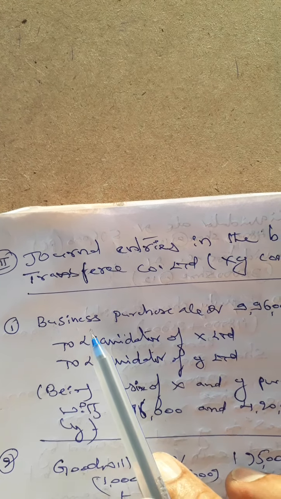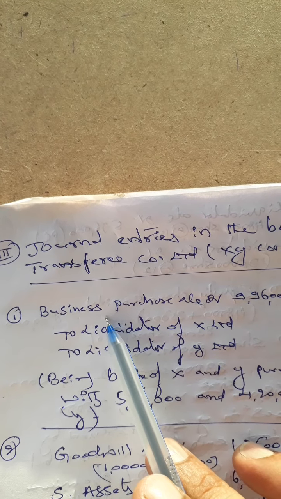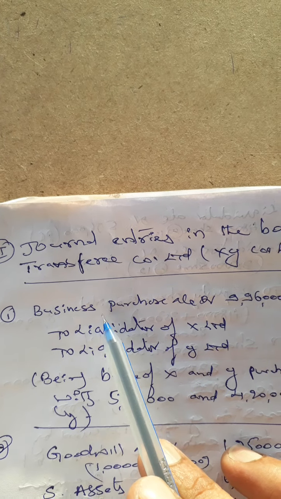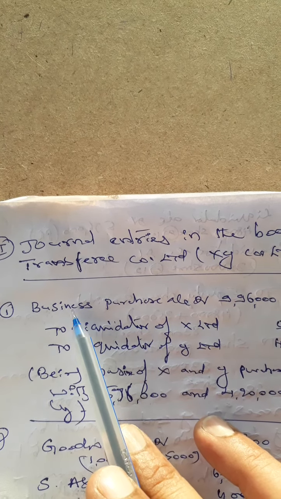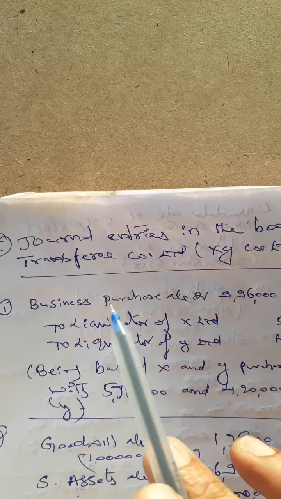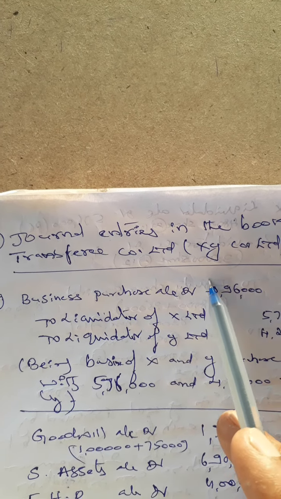When XY Limited is purchasing the business of X Limited and Y Limited, first we debit the business purchase account, because it is nothing but an expenditure, with 9,96,000.